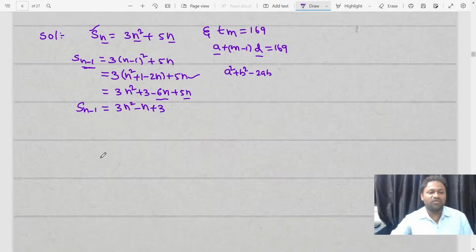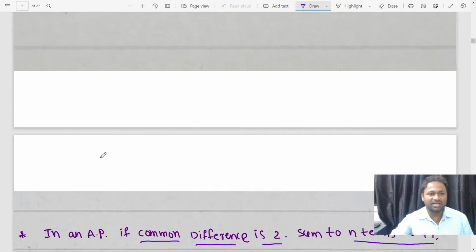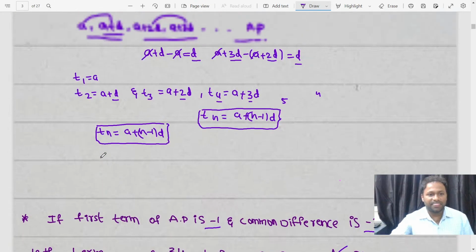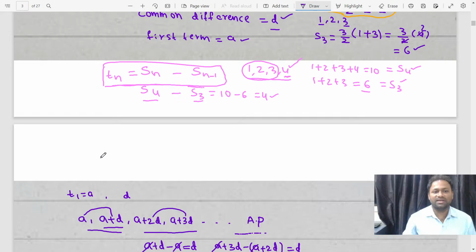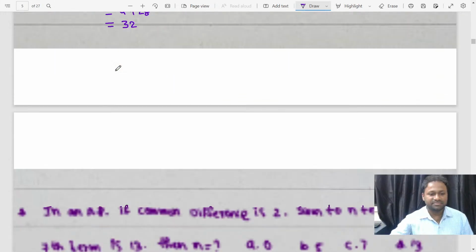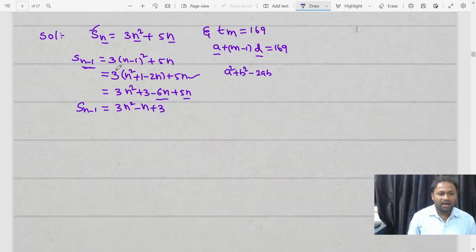Next, one more thing we have seen earlier. What is that condition? What is Sn minus 1? Tn is equal to Sn minus Sn minus 1. I will apply here. Okay, I got Sn as well as Sn minus 1.